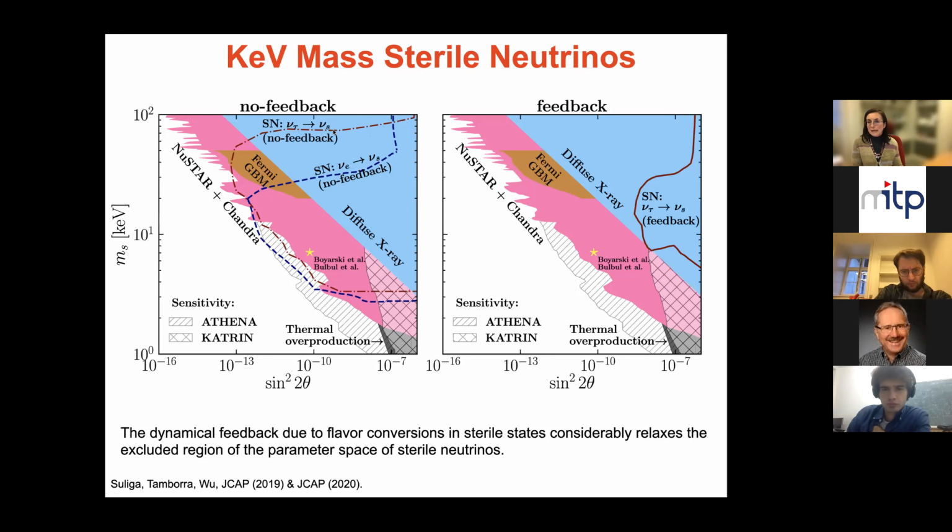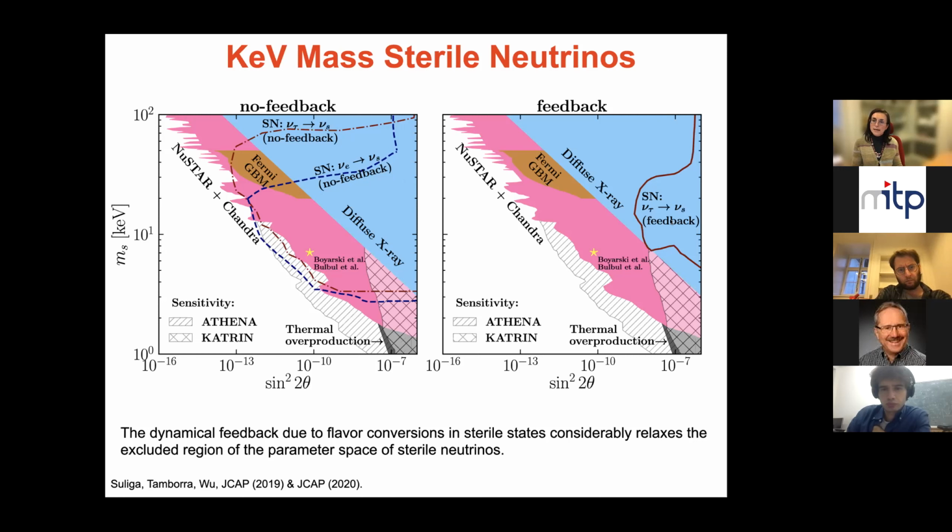But if we take into account that there is this feedback effect and that this has an impact both on the flavor conversion physics of neutrinos as well as on the physics of the star, for example, by changing the lepton fractions and so on, then the excluded regions from supernovae shrink very much.